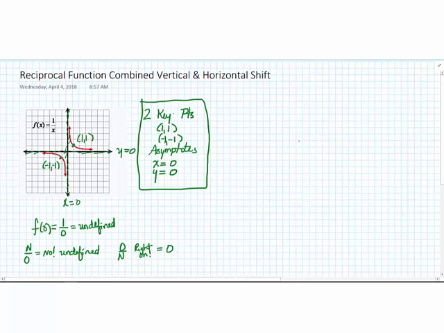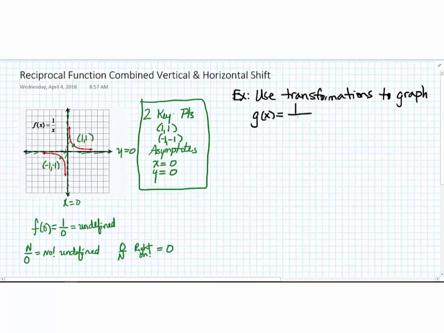Now let's look at how we might transform it. So for example, use transformations. So when I say that, I'm saying take the parent function and move it around to graph g of x equals 1 over x minus 2 plus 3.